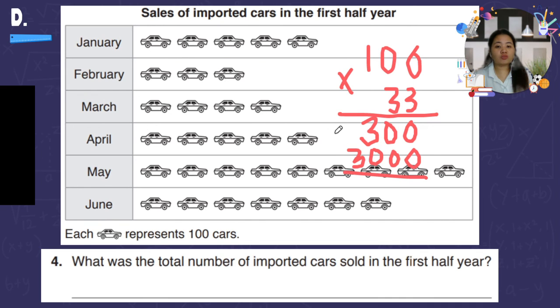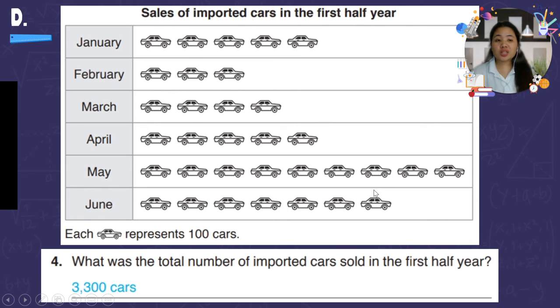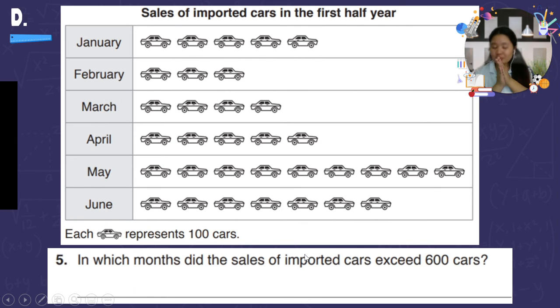Then you add. 0 plus 0 is 0. 0 plus 0 is 0. 3 plus 0 is 3. Then bring down 3. So that means the total number of imported cars in the first half of the year is 3,300 cars. Good job.